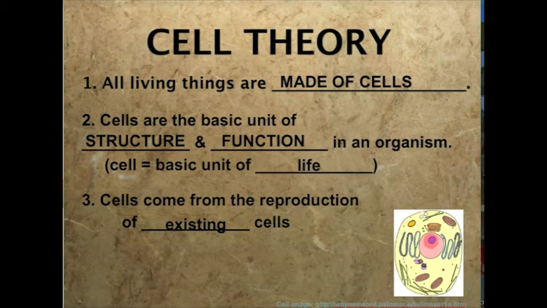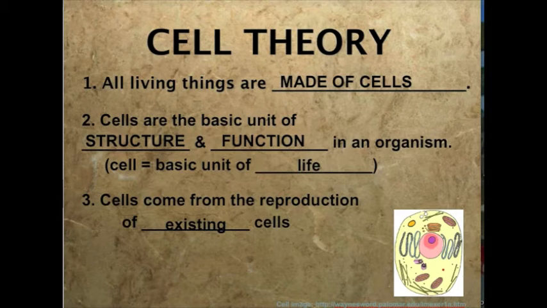All right, so there are three parts of the cell theory, and this is probably the most important information in this PowerPoint. The first one is that all living things are made of cells. The second piece to the cell theory is that cells are the basic unit of structure and function in an organism.